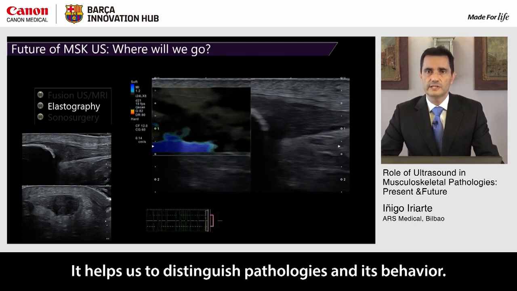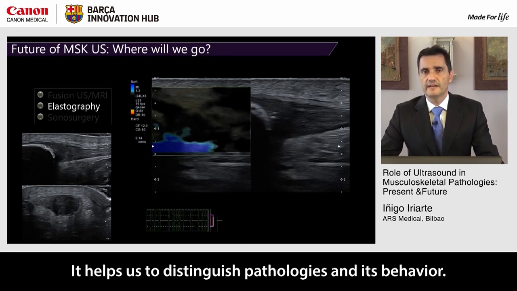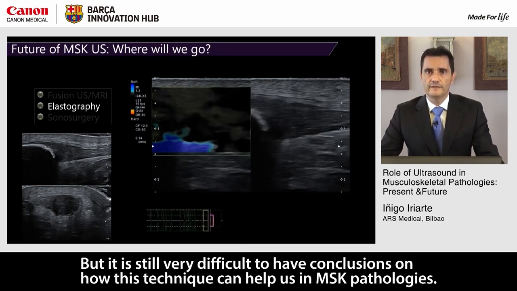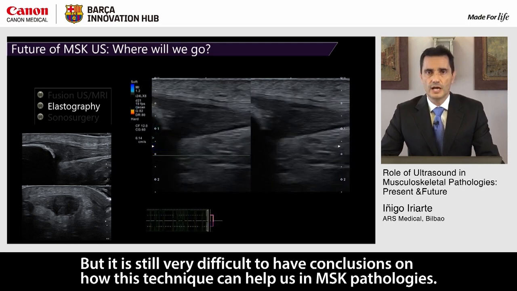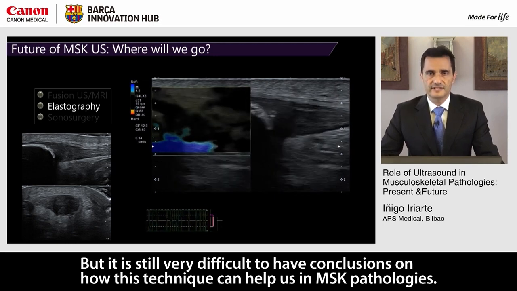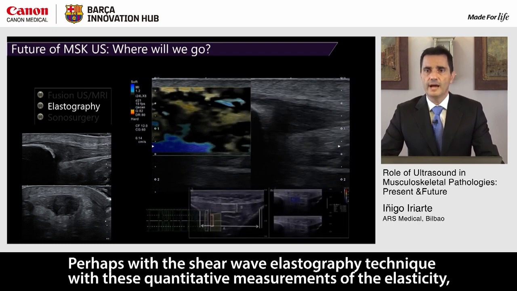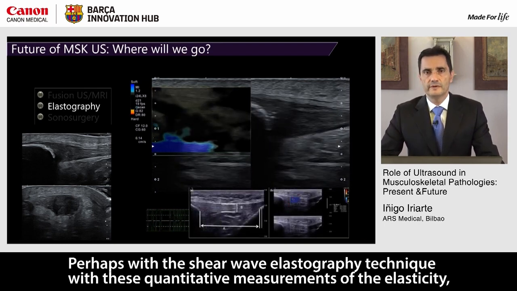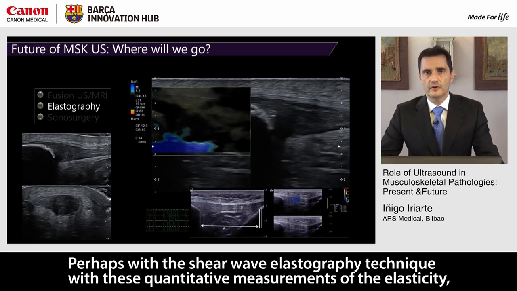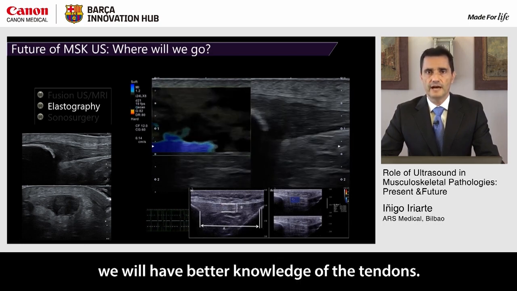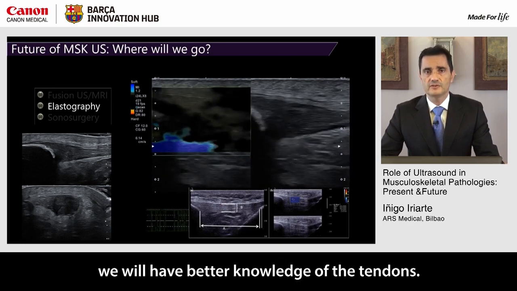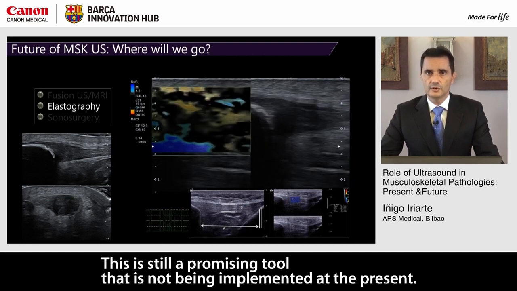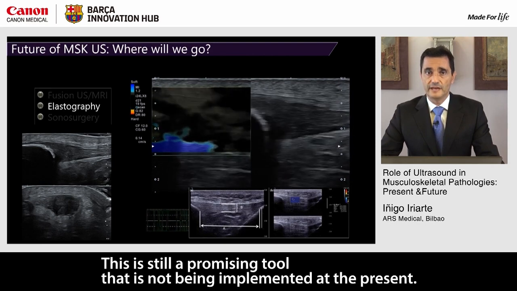It helps us to distinguish pathologies and their behavior, but it's still very difficult to draw conclusions on how this technique can help us in MSK pathologies. Perhaps with the shear wave technique of elastography, with these quantitative measurements of the elasticity, we will have better knowledge of the tendons, but it's still a promising tool not implemented at present.